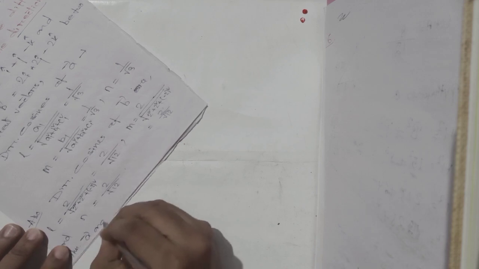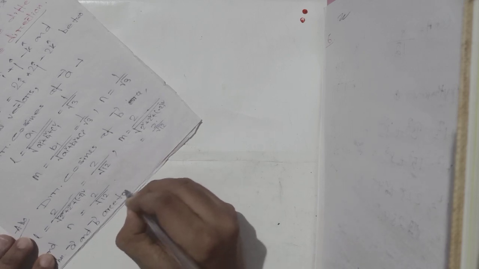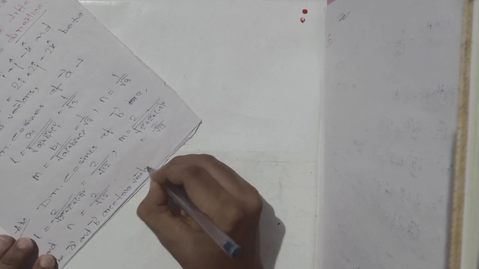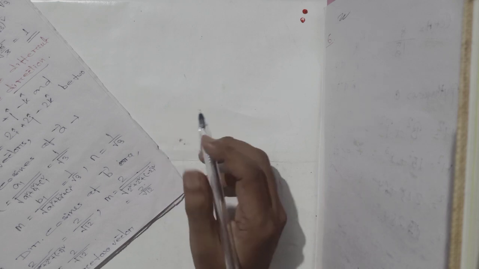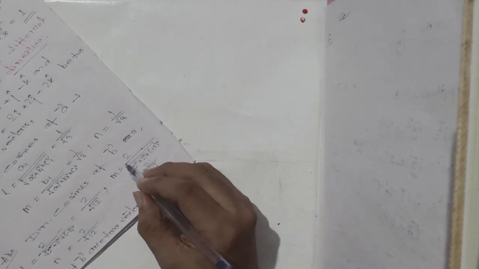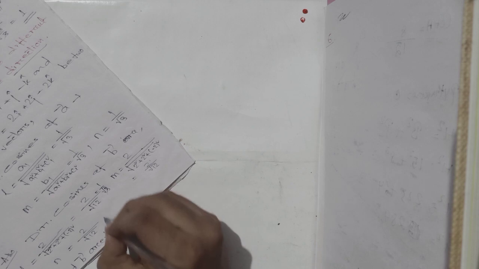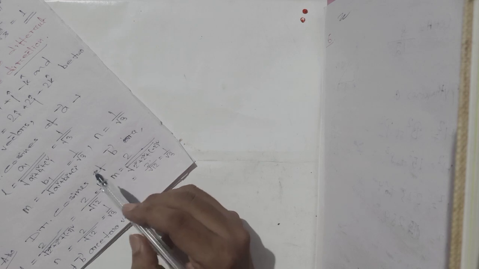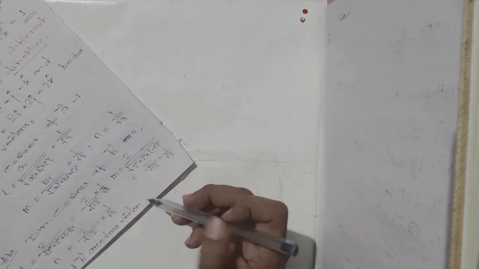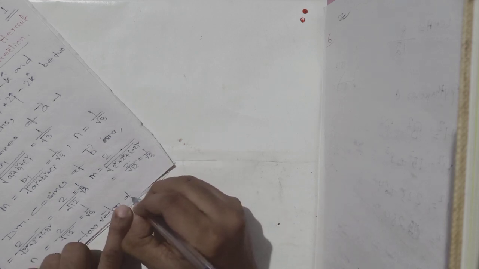Thus, vectors A and B are two vectors whose direction cosines are 1 by root over 3, 1 by root over 3, 1 by root over 3. You can see that the direction cosines are the same. So A and B are two vectors of the same direction.